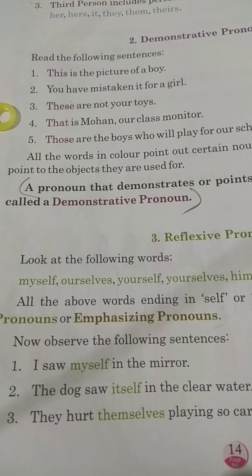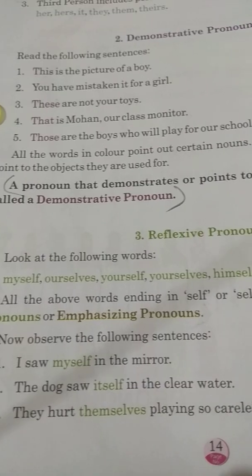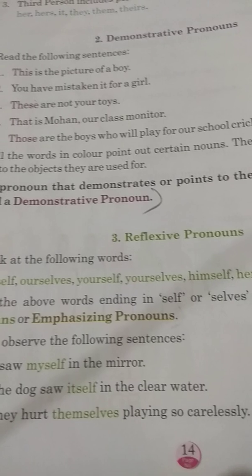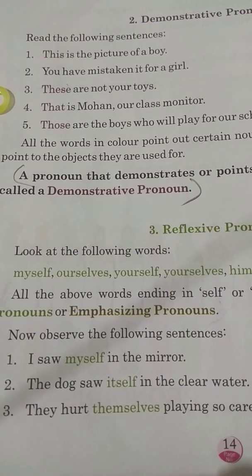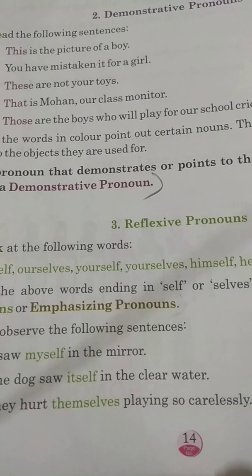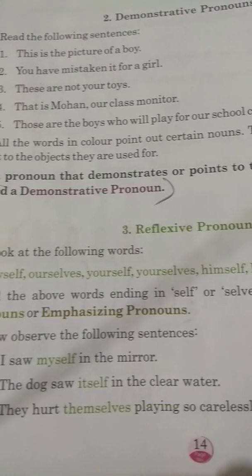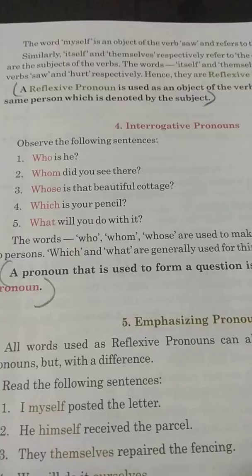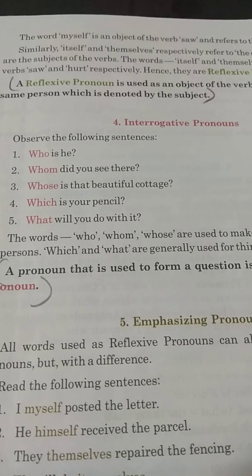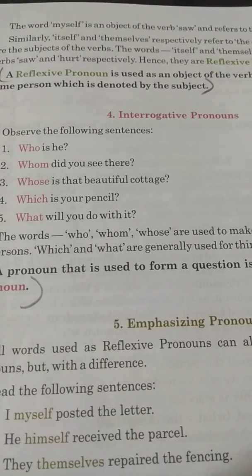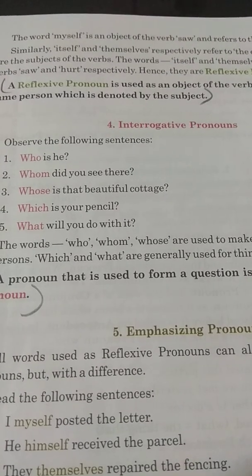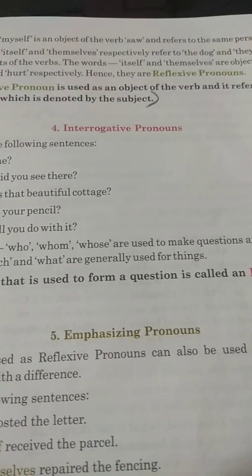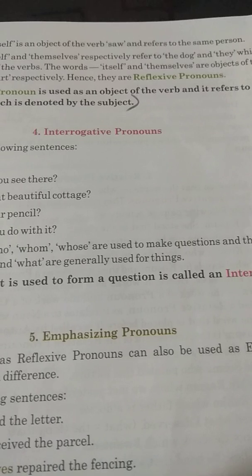The dog saw itself in the clear water. They hurt themselves playing so carelessly. The word myself is an object of the verb saw and refers to the same person.